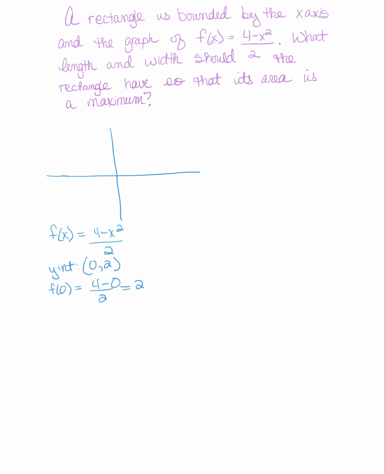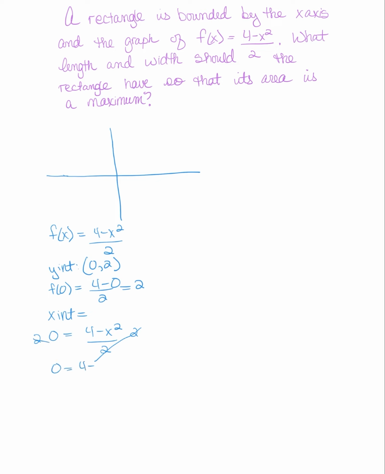Okay? And then if we want to find our x-intercepts, we set our y, which is our f of x, equal to 0. So we're going to have 0 equals 4 minus x squared divided by 2. Well, this 2, if I was just multiplying it away on both sides, that's still 0.